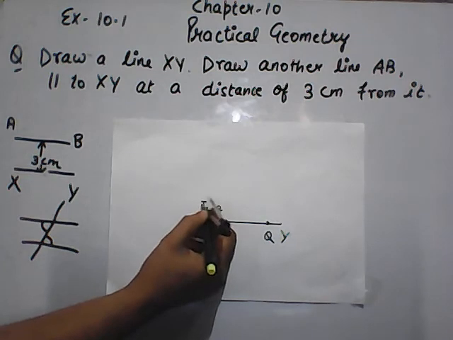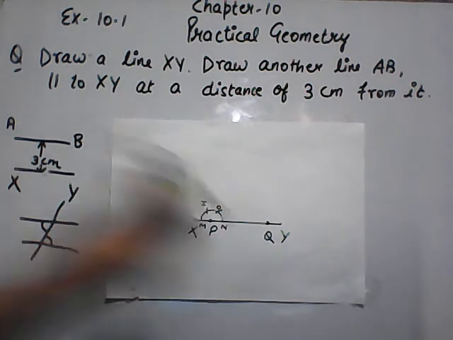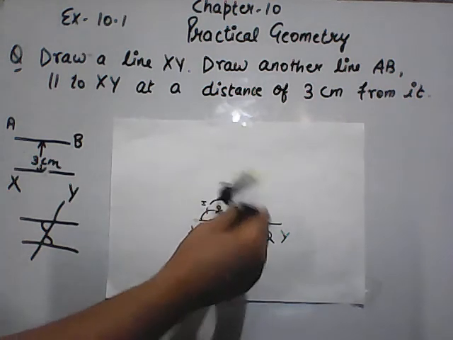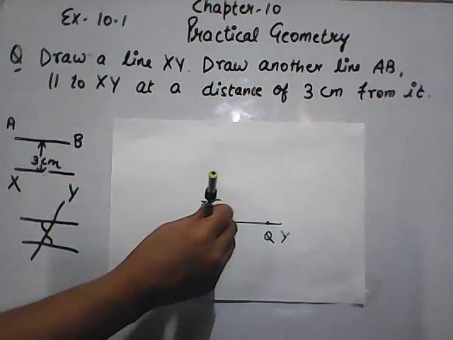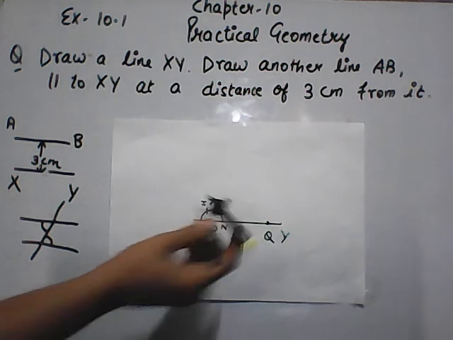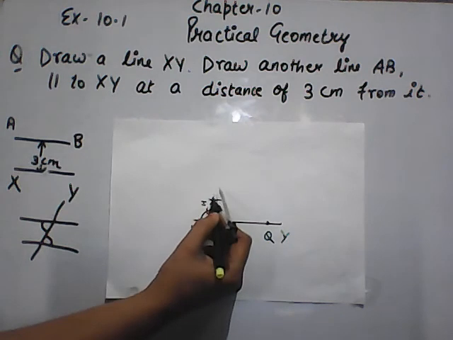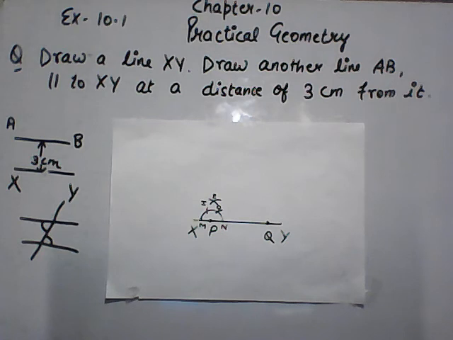Suppose it cuts at point I. Now, take compass at point O, draw an arc. Take compass at point I, draw another arc. Suppose it intersects at point E.